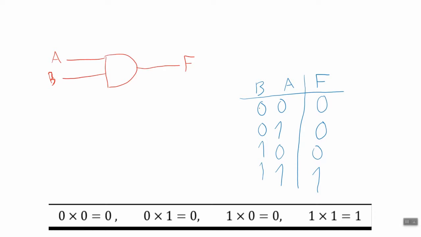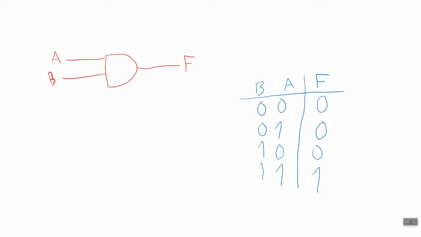For example, 0 multiplied by 0 will be 0. 0 multiplied by 1 will be 0. 1 multiplied by 0 will be 0. 1 multiplied by 1 will be 1. You can consider it like a multiply function, and the AND function looks like the multiply function, and this is the truth table of the AND function.